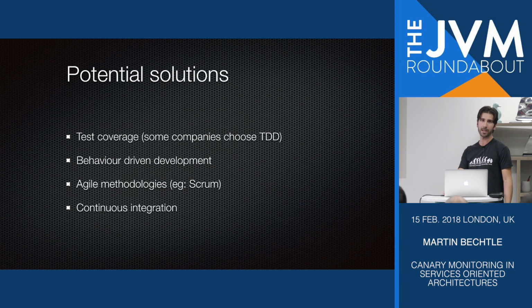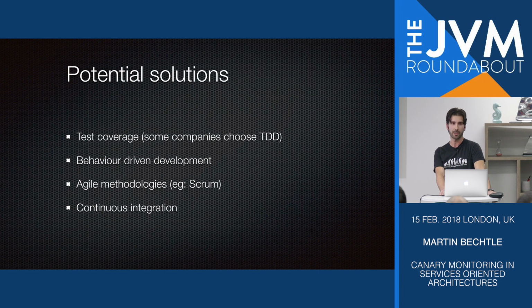So there are many ways to achieve this essentially, and it's not the main topic today. So just to cover a few, we really need to get the test coverage. It doesn't have to be TDD, but at least some sane test coverage. We can even pump it up to behavior-driven development, so that solves a few problems. We can use that as an operational procedure or just a better way of speccing out our unit tests, given when then.